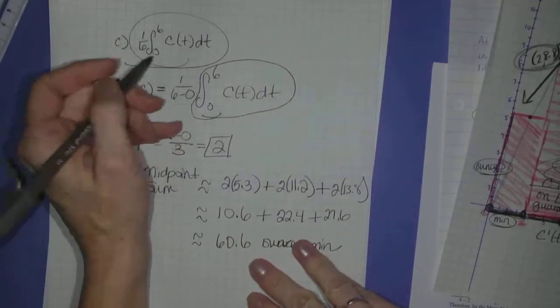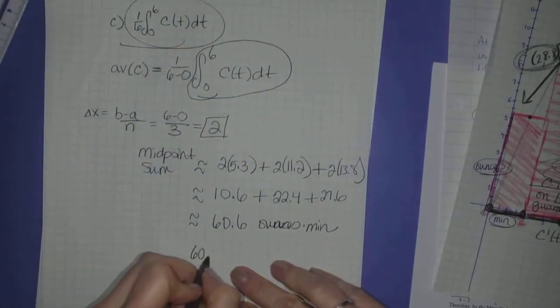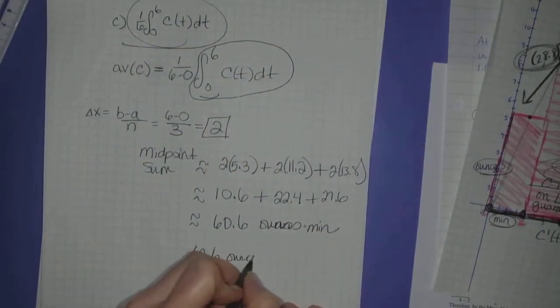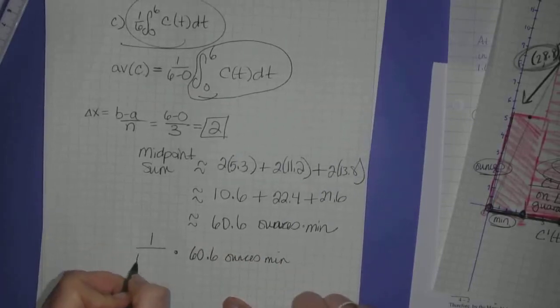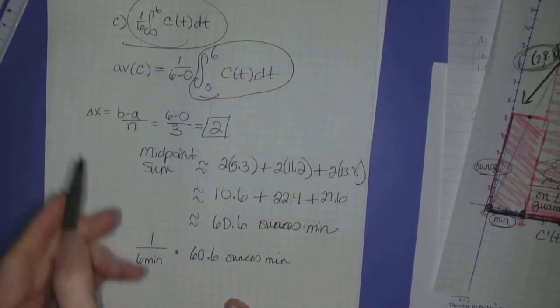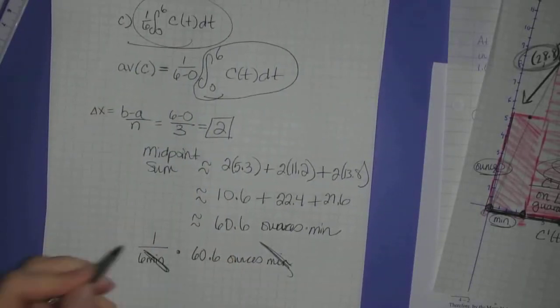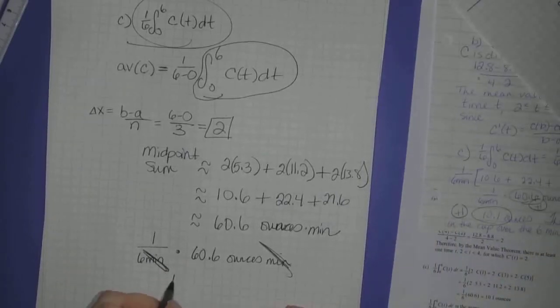Here comes the 1/6 in the front. When you take 60.6 ounces minutes times 1/6 minutes, because the 6 up here, that's minutes, the minutes cancel, and you're just left with 10.1 ounces.